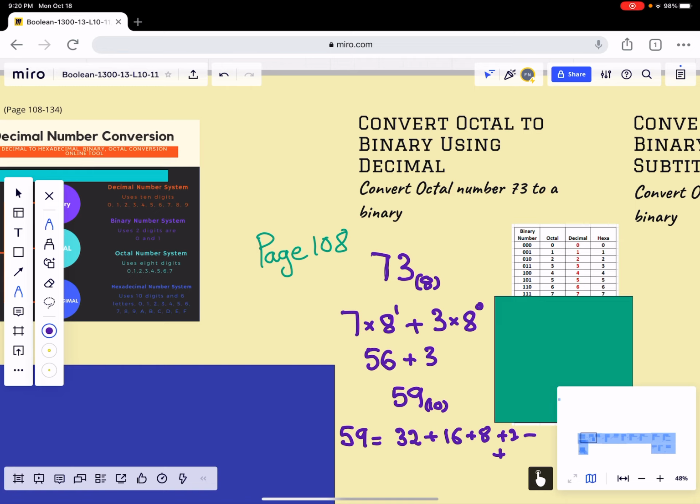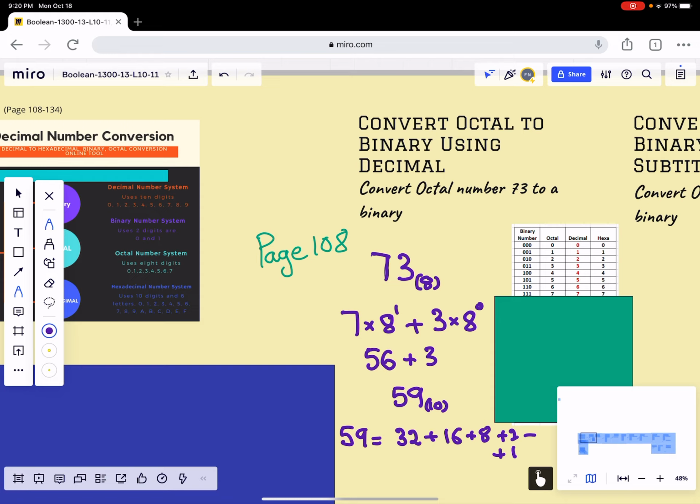So 32 plus 16 equals 48, 48 plus 8 equals 56, and 56 plus 3 equals 59.